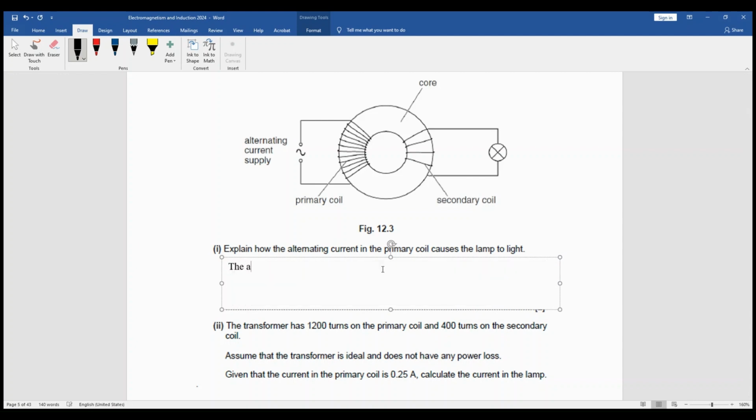The alternating current in the primary coil produces a changing magnetic field, or you can say it causes the magnetic flux linkage to change.